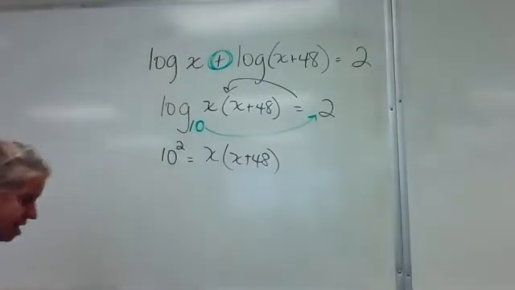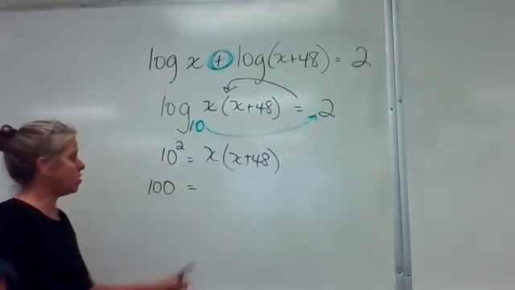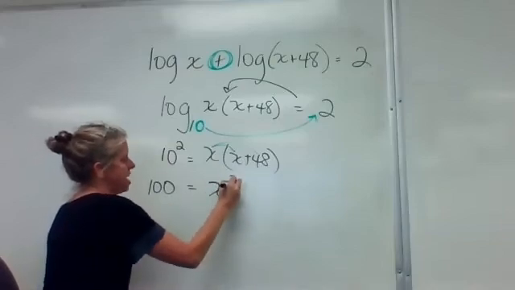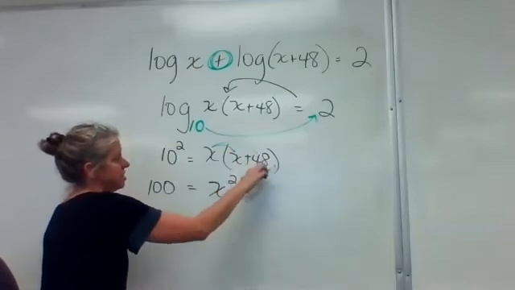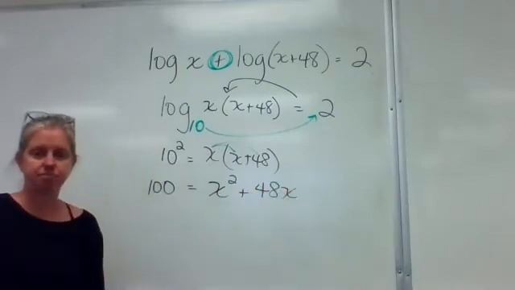Well, now let's see what we have. 10 squared is 100 equals, if I distribute, x times x gives me x squared plus x times 48 is 48x.